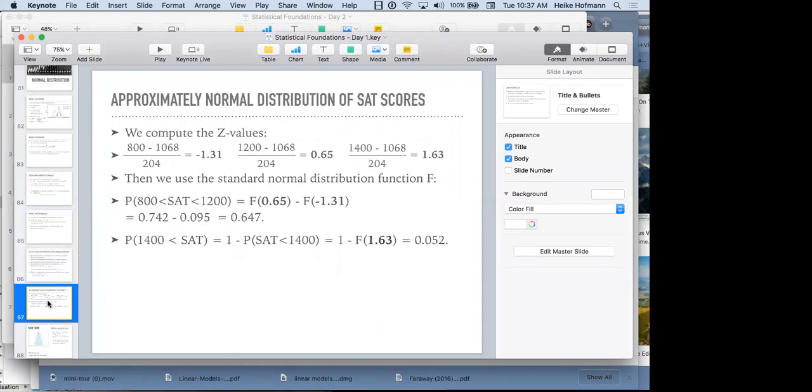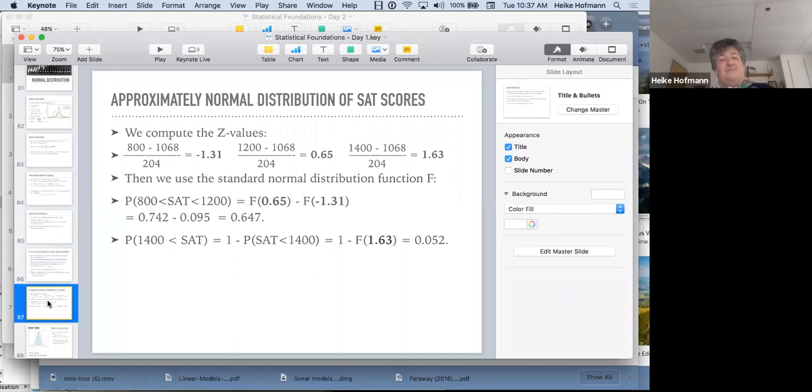But good question. Okay, so once we've got this normal distribution, we can standardize it by subtracting the mean and dividing by the standard deviation. And we get these so-called Z values out. Now we can plug those z values into a standard normal distribution and get our different probabilities out.